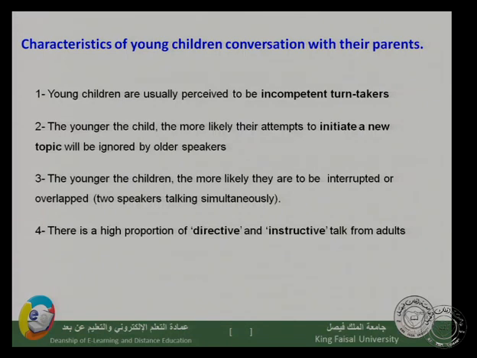Now in a conversation between parents and young children, children are perceived to be incompetent turn takers. They do not know where to take a turn in a conversation. They can interrupt people, they can speak when you are speaking at the same time so that you do not understand what is being said. So young children are perceived as incompetent turn takers.